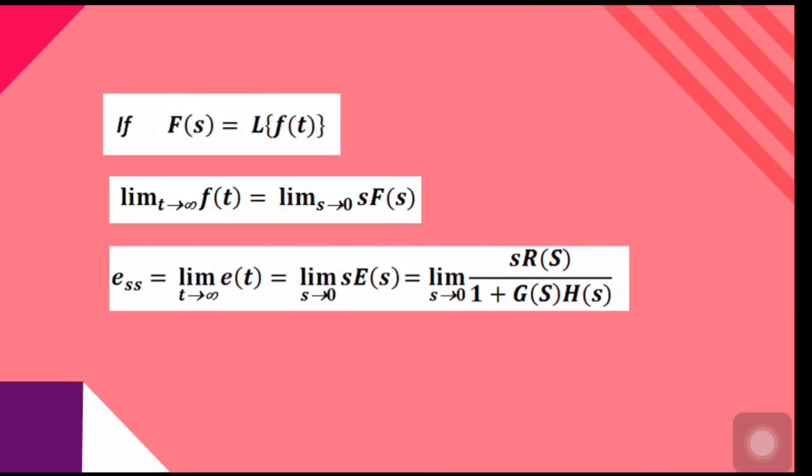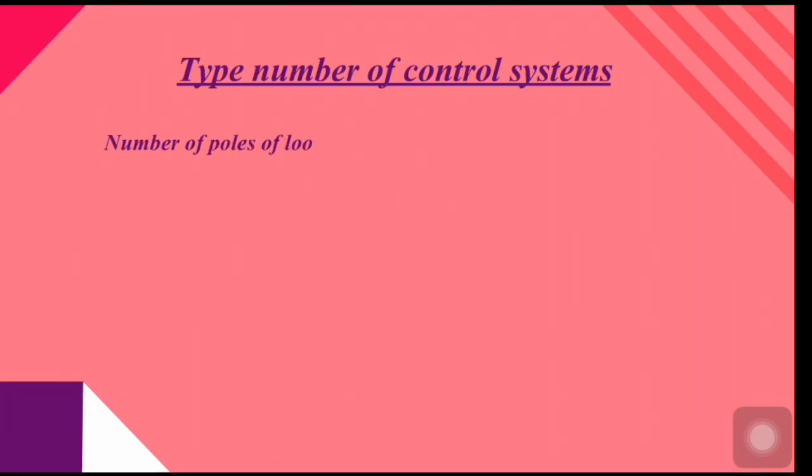Now we are going to find out steady state error of different types of systems for different types of inputs. So let's have a quick review on type number of control system. In fact, the number of poles of loop transfer function lying at origin is termed as type number of a system.